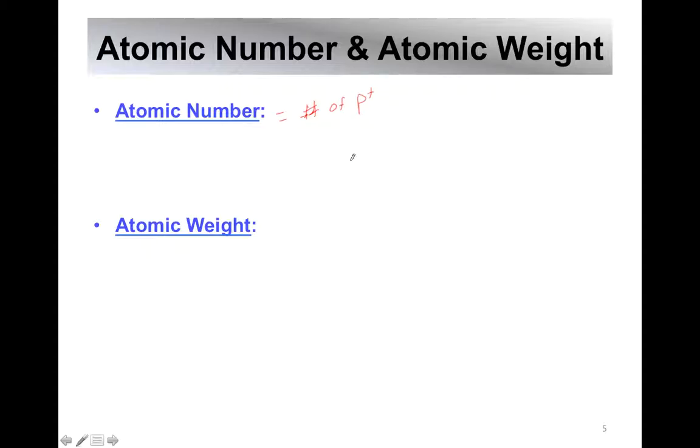So for example, if you look at a periodic table, you can see that carbon's atomic number is 6. So it has 6 protons.